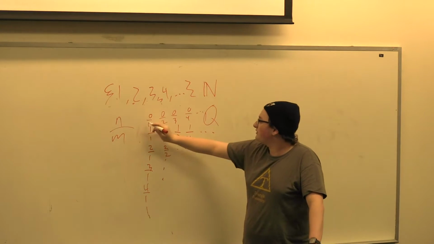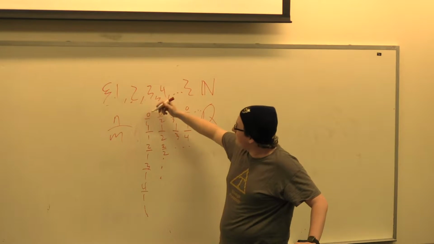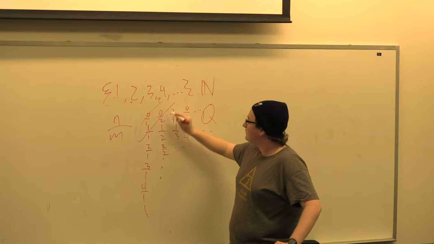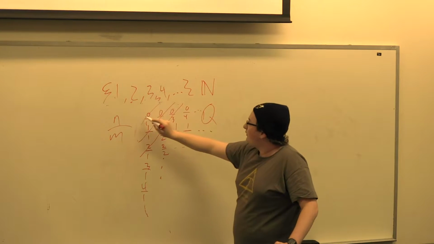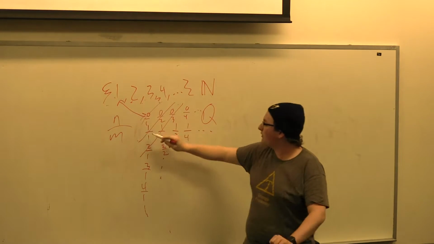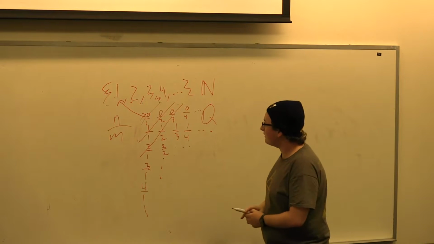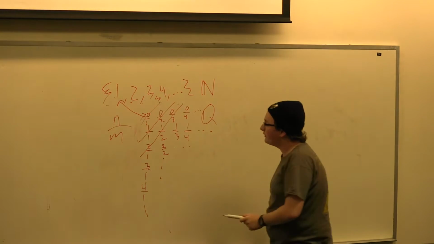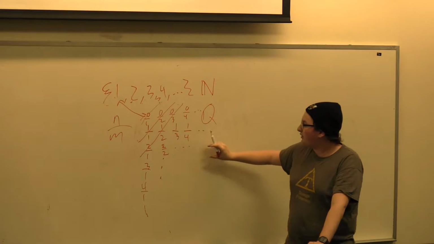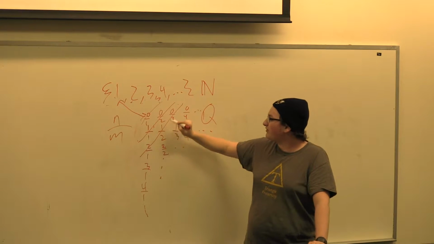So instead of trying to create a bijection like this, I can count them going diagonally like this. So I pair like that. The 2 I pair with 1 over 1. The 3 I pair with 0 over 2. The 4 I pair with 2 over 1, and so on. And this contains all the rationals, and I'm creating an arrow from the rationals to the natural numbers.